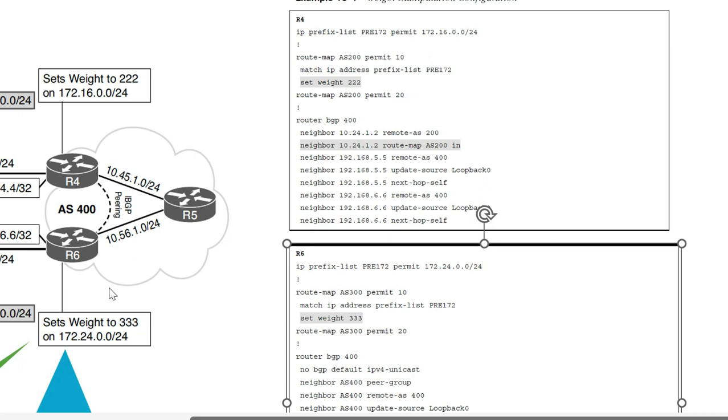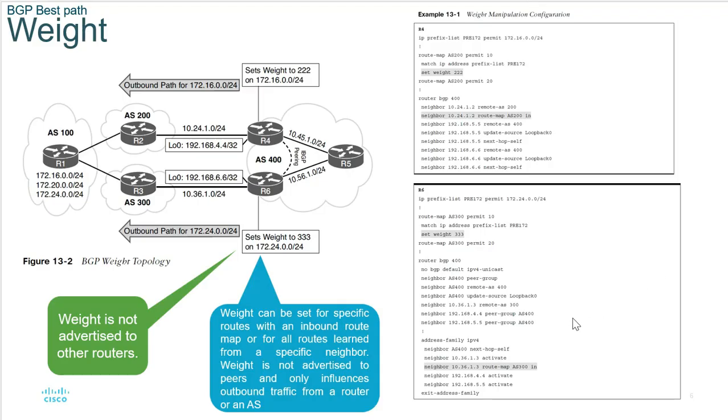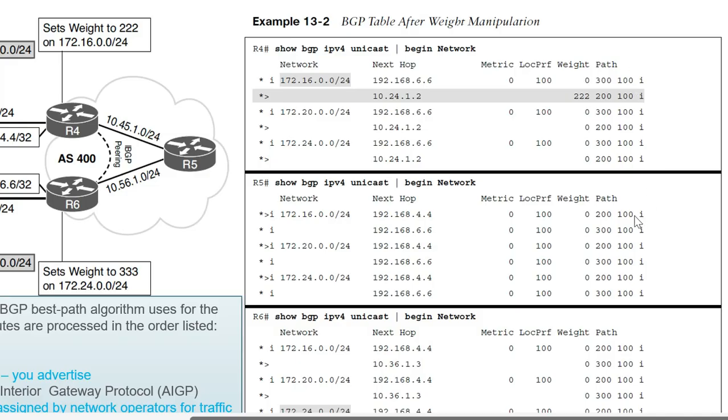So that's why we want to influence our decision. One advertisement comes from here, another advertisement also comes from here. So the same goes for router 6, except on router 6 the configuration is applied to 172.24 and the weight is set to 333. So now let's zoom in on the results after that.